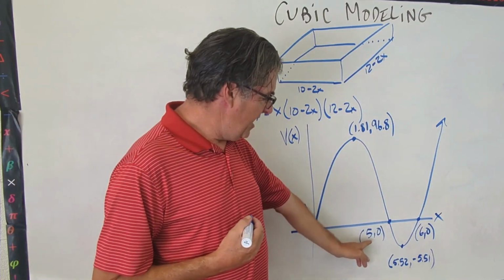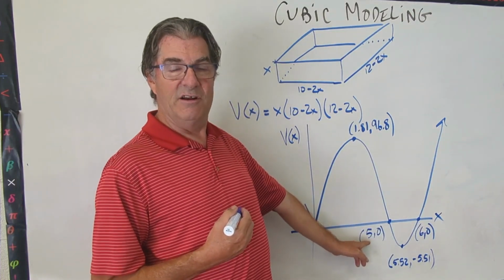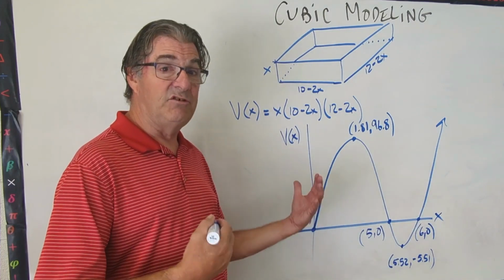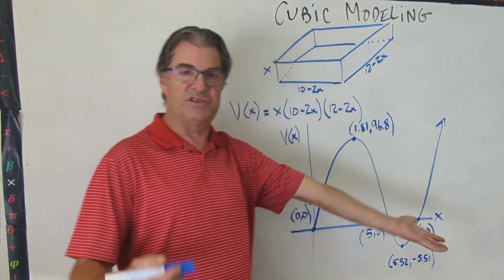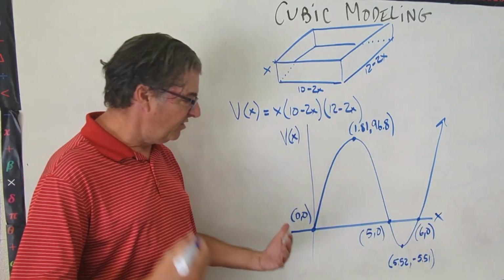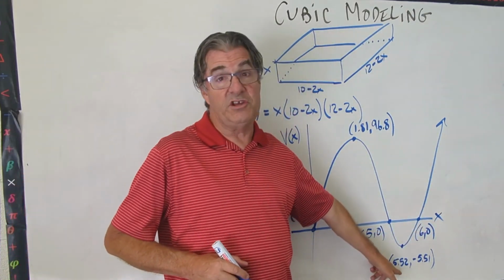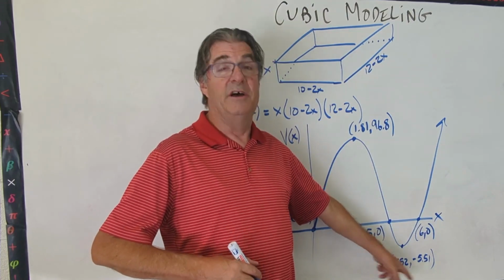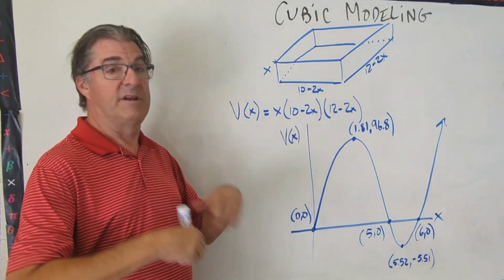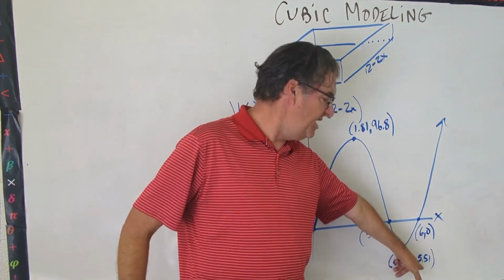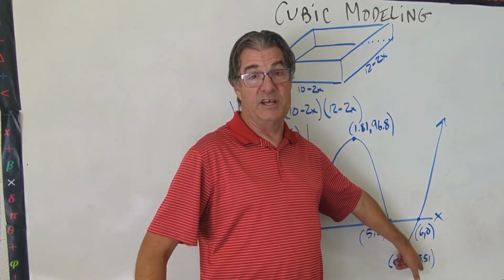Now, as the square gets bigger, actually, you can't do it. So the mathematical function continues on because that's just math. We can go negative, etc. So, for example, if I could cut a 5.52 centimeter square out of the corners of the box, which I can't, but if I could do that, my volume would be negative 5.51 centimeters cubed.